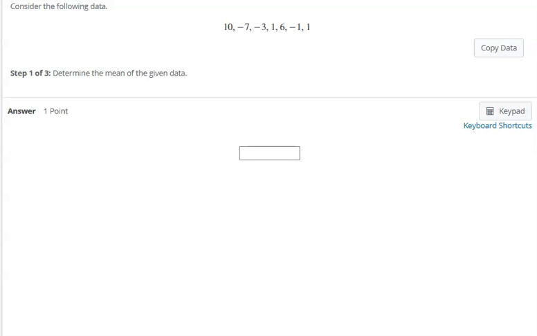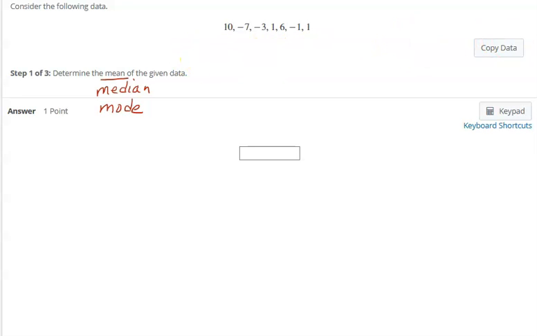Here is another in which we are asked to find first the mean, then we're going to do the median, and then the mode. So again, a good strategy is put this in order. We have 1, 2, 3, 4, 5, 6, 7. So let's do that.